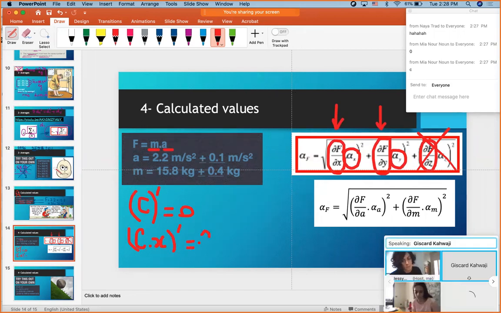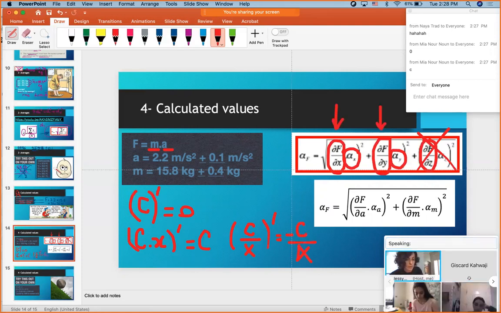Constant, the c. All right. If you have c over x, do you remember what the derivative is? It's okay if you don't, because we're not doing math here. You can ask me, don't ignore it. So it's minus c over x squared. If you cannot remember, you ask me.